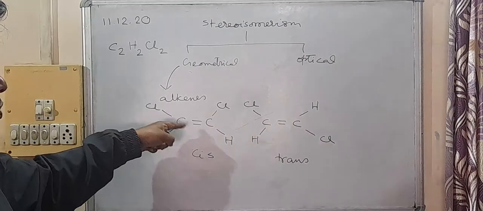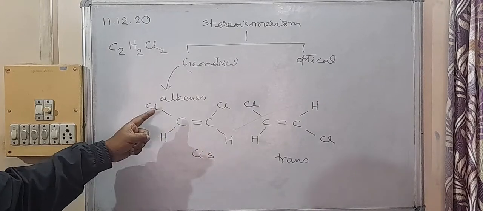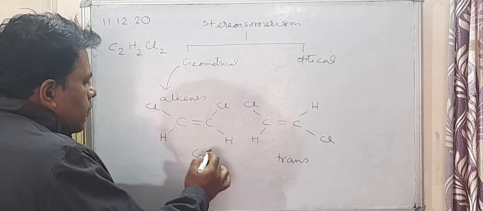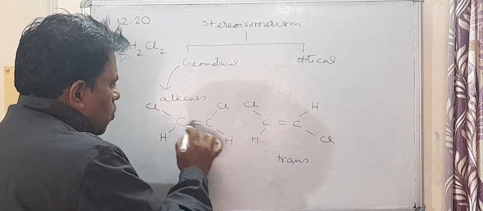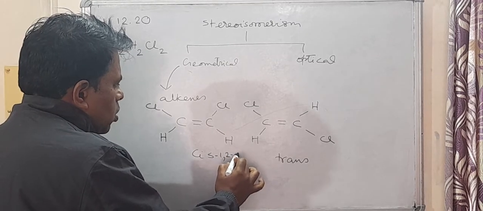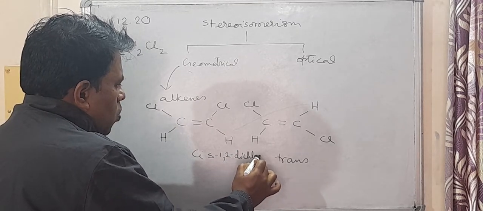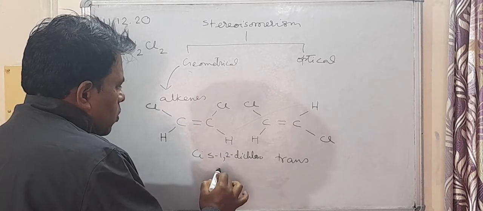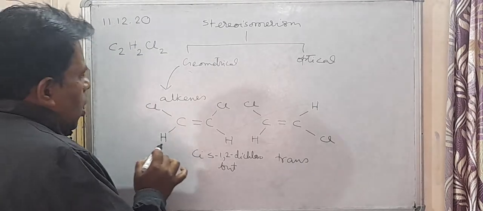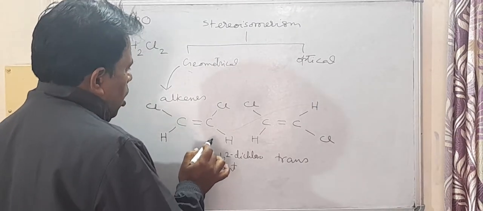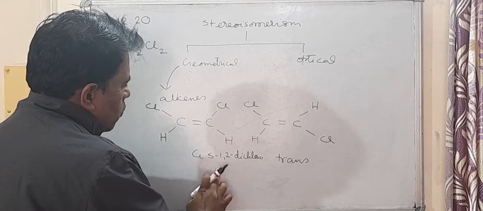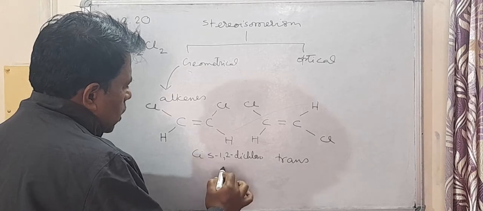Now suppose I ask you to name this compound. The name of this compound will be cis 1,2-dichloro... no, not but, there are two carbon atoms, dichloroethene.